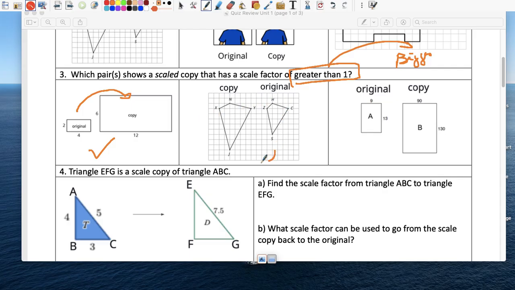Original is this one, and then it went to the copy. Did it get bigger? Yes, it did. So, did they use a scale factor greater than 1? Yes, they did. Original, copy, did it get bigger? Yes. So did they use a scale factor greater than 1? They did. So in this case, all three were the correct answer.